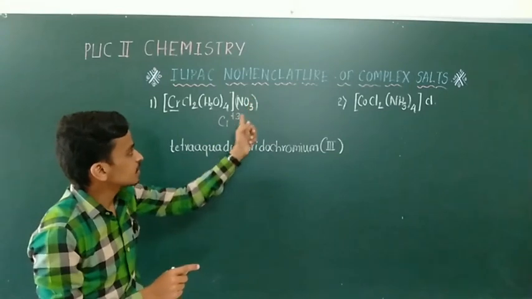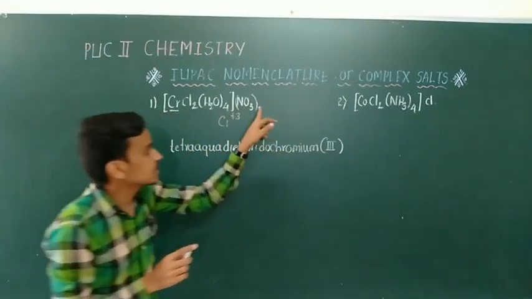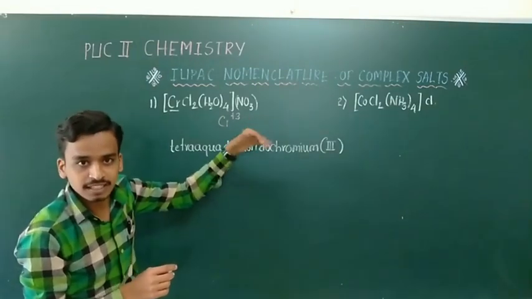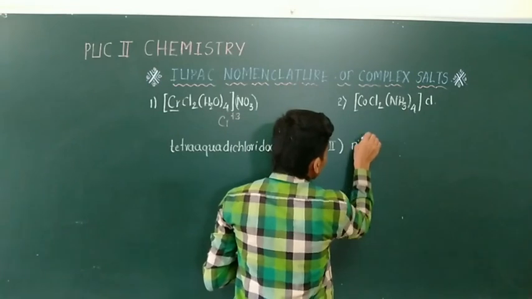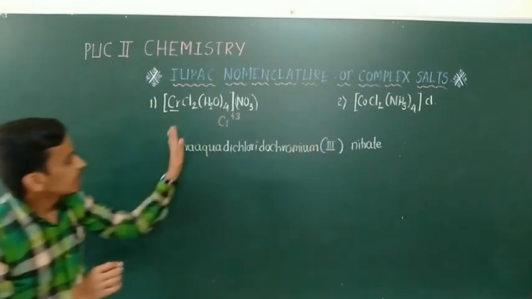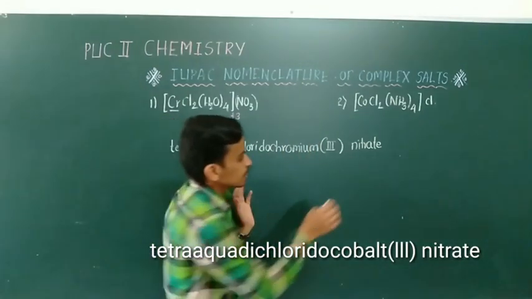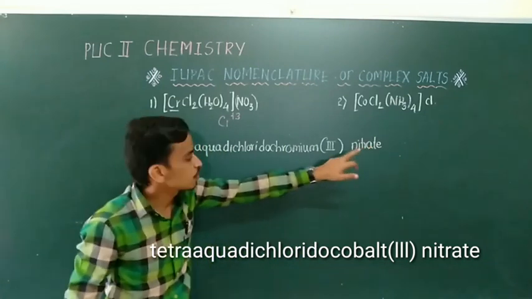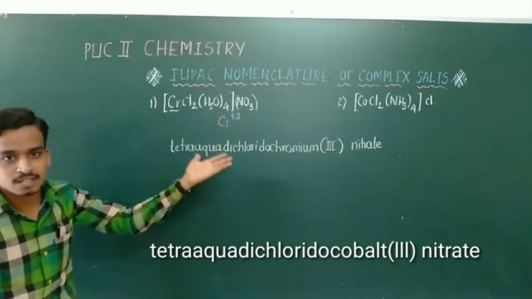What is this compound? It is the nitrate, therefore no need of mentioning its number. Directly it is the nitrate, therefore after this you have to give one space and write here its name nitrate, and that is enough for this to get the full mark. And care must be taken, you should not write any full stop or any commas after writing this name, because that is against the rules.